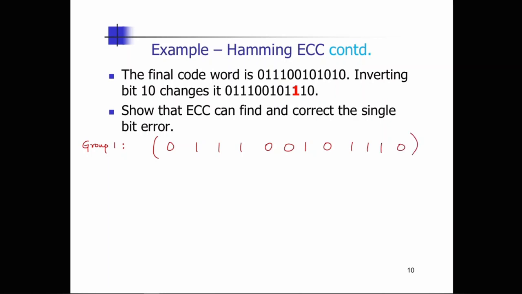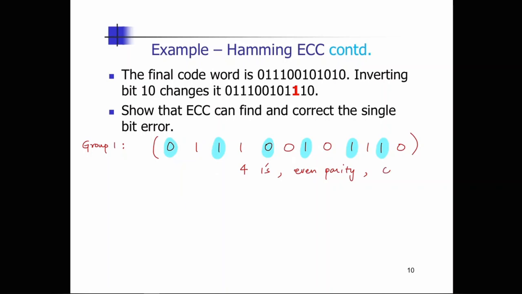That's the code word that I read, and the positions that are going to reflect group 1 are going to be 1, 3, alternate, alternate. So if I count the number of ones here, I've got 1 2 3 4 number of ones. Even parity. So that's good.